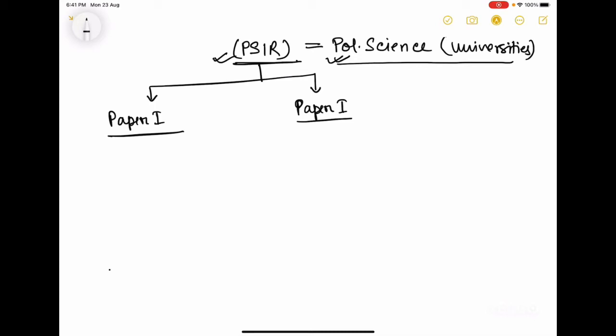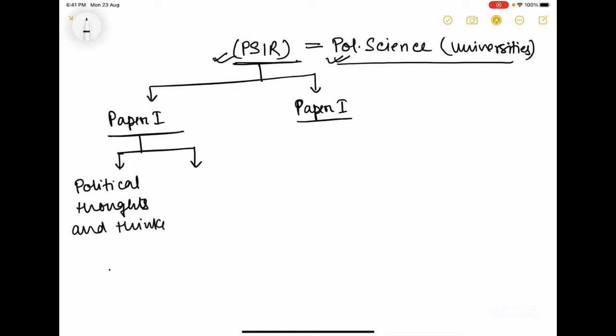Now in paper 1, you have two further heads: political thoughts and thinkers, and Indian government and politics.